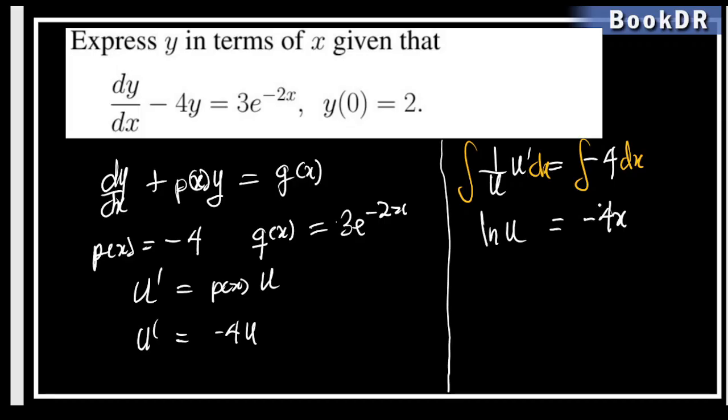With the integrating factor, we do not need to add the constant of integration, since when we substitute this into our differential equation, the constant can still be absorbed into other constants. So we don't need to worry ourselves about the constant at this stage. We just maintain it in the simplest form. Hence, our u will be equal to e exponent minus 4x.